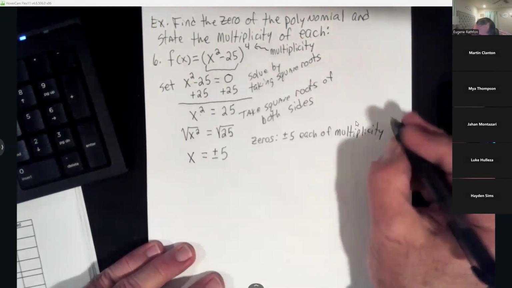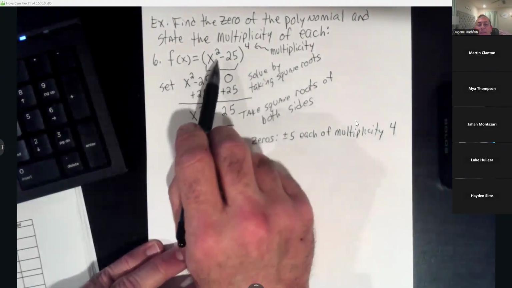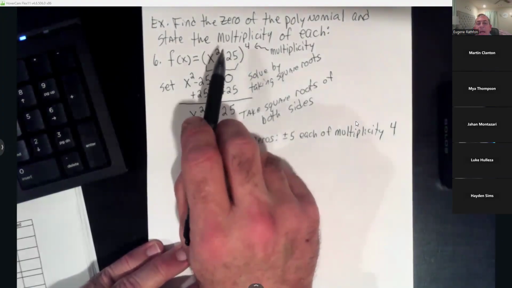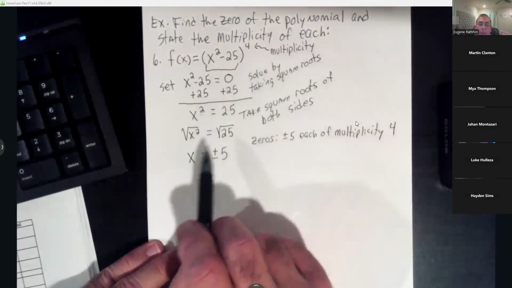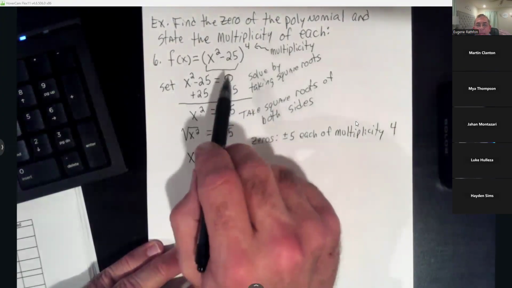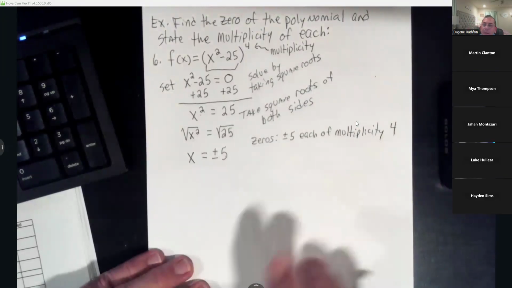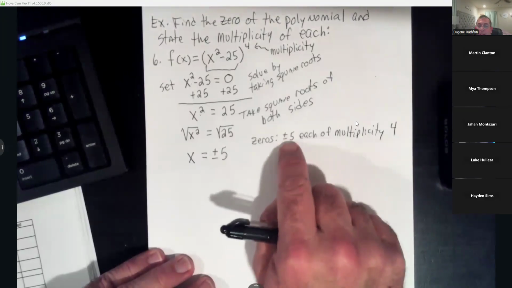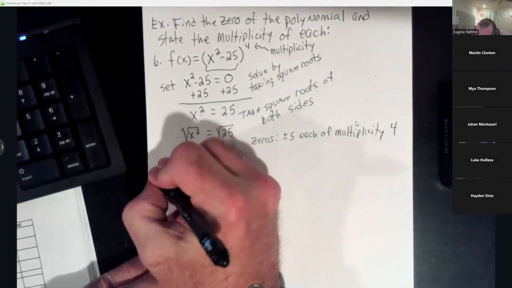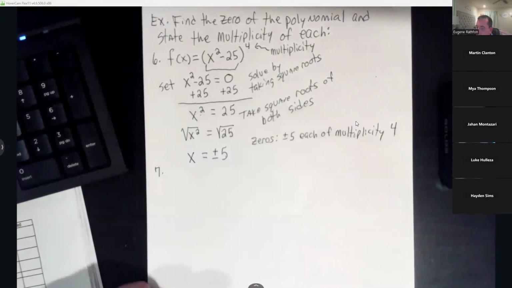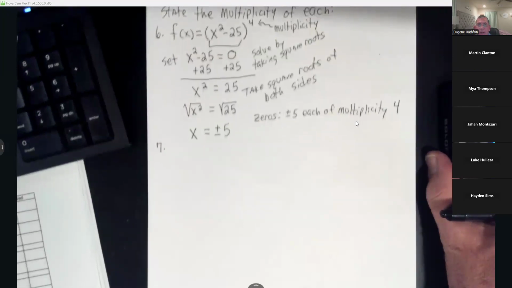So my multiplicity would be a 4. Because y'all, like I said, if you wrote this out 4 times and solved every one of them, you'd get plus or minus 5, and it would happen every time you did it, okay? So plus or minus 5, multiplicity 4. All right, y'all, any questions on that? So we'll knock out another one.